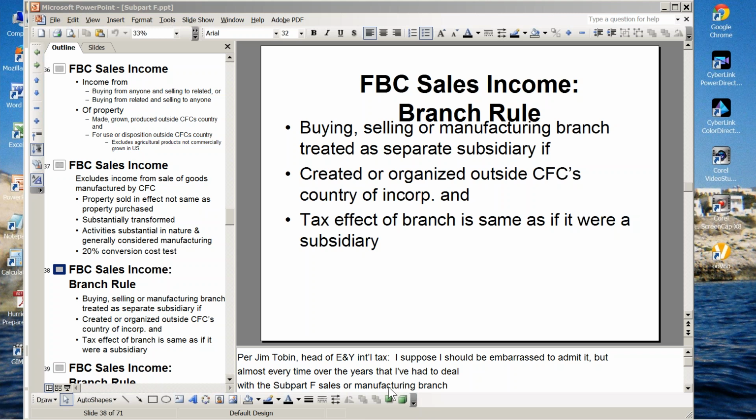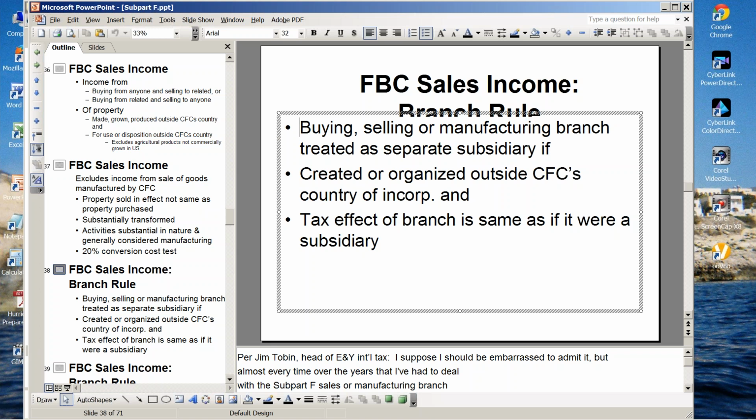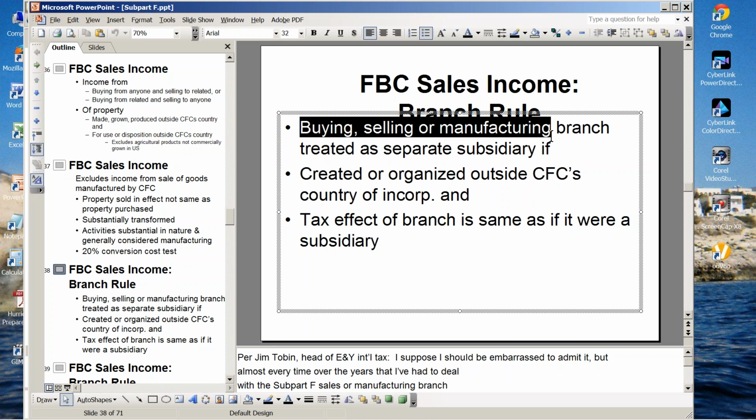Now, there's some limitations on this. So let's, again, dissect the pieces here. The only types of branches that count in this branch rule, not for the parent, not for the home office, but for the branch, are buying, selling, or manufacturing branches.